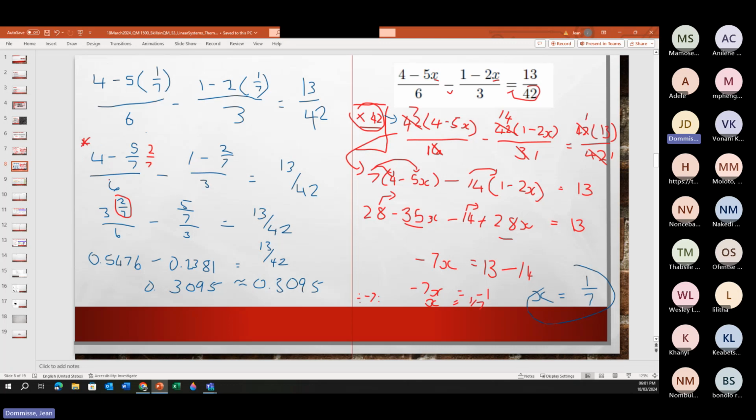The other way, which will probably make more sense, is to change this also into a fraction, because now this is becoming difficult, since you sit with 3 and 2/7.